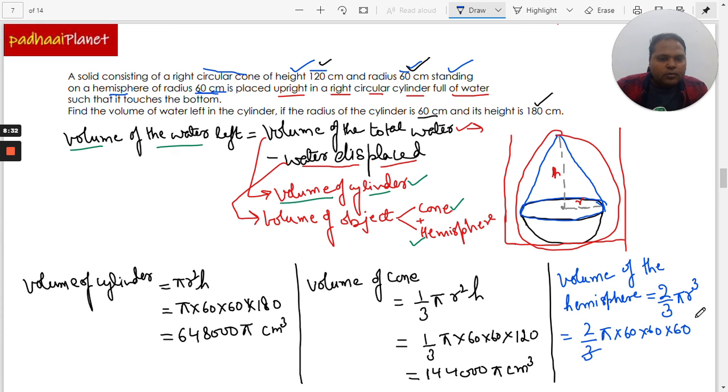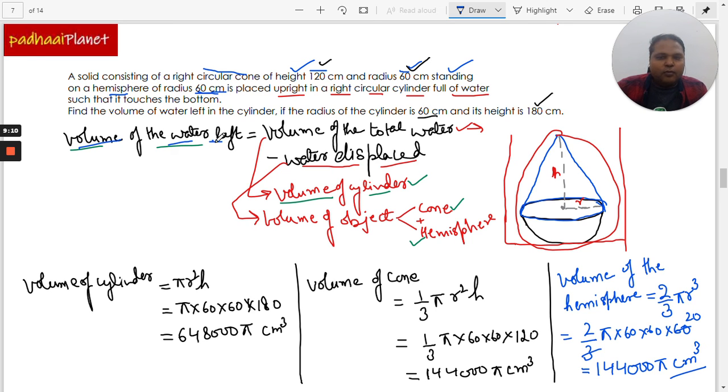So this is going to be 20, and this is 3600 into 40. So that's also 1,44,000 pi cubic centimeters.